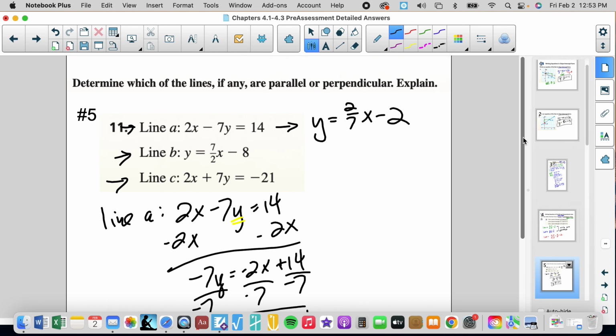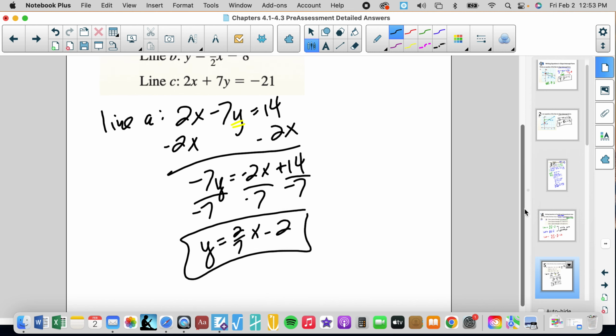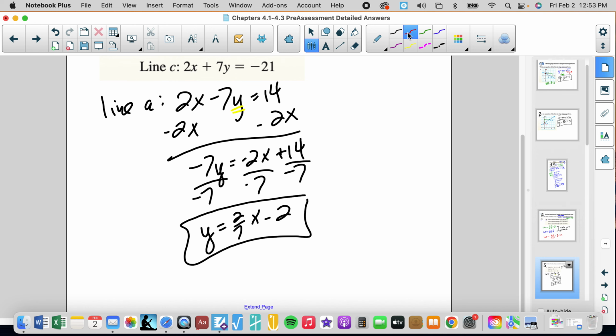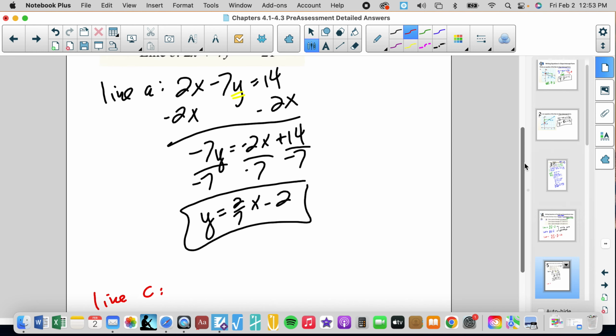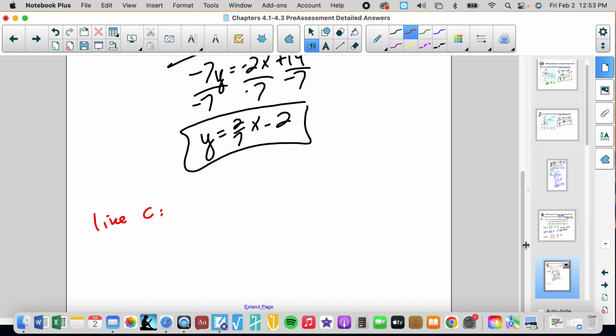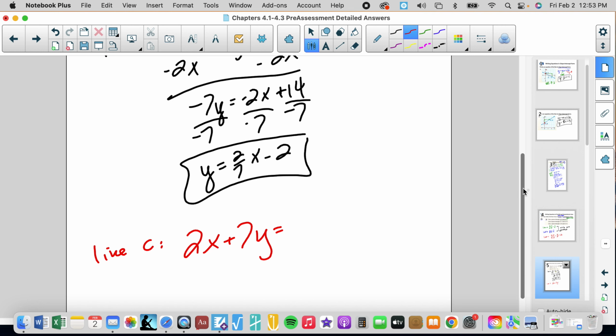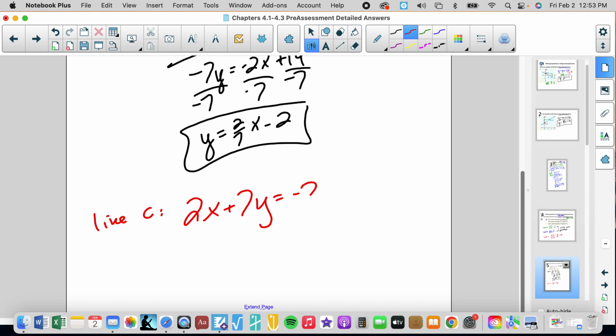And now we're going to take line C. Line B is already in slope-intercept form. And let's take line C. Let's write that in red. Line C is 2x plus 7y equals negative 21.